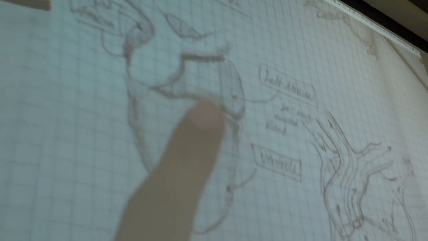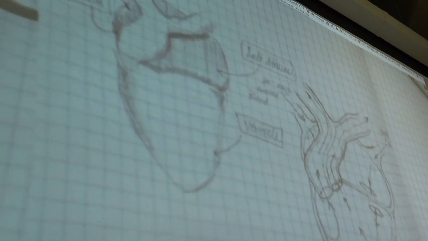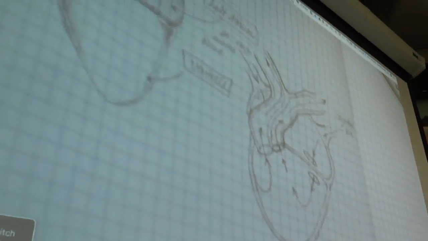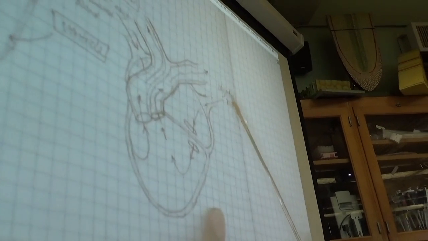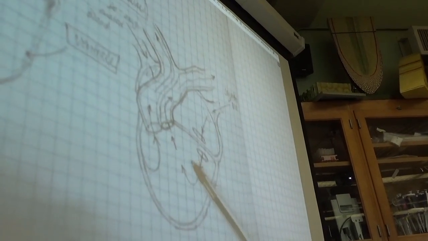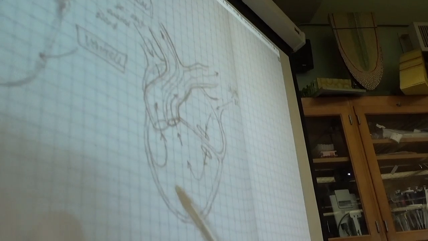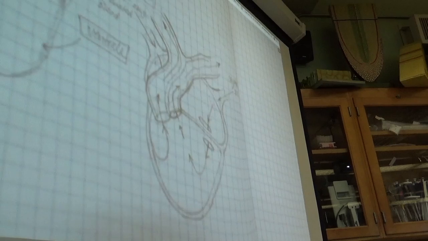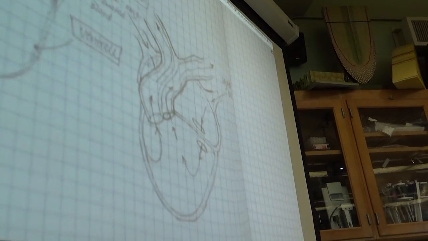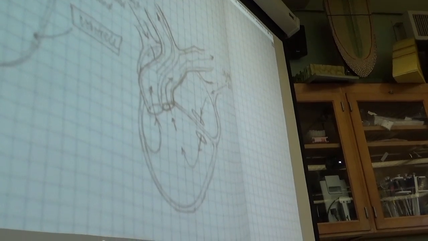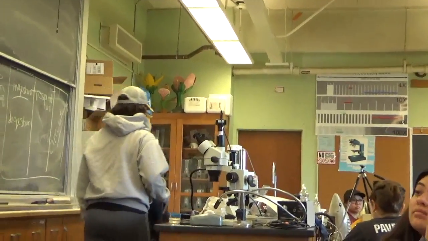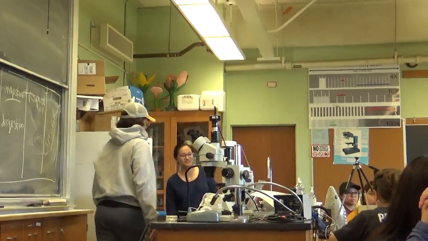That's the atrium, and then this is the ventricle. So basically, the oxygenated blood comes through the left and then the deoxygenated goes to the right. The deoxygenated blood comes from the body, and the ventricle pumps the blood all throughout. Any questions? Okay.